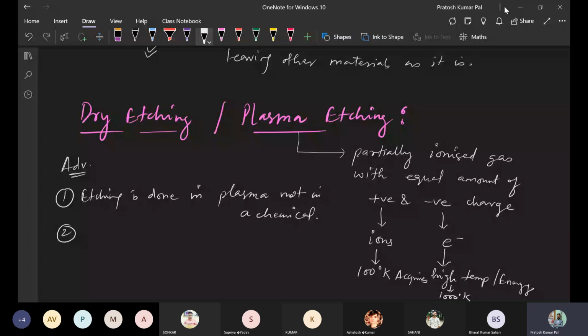These gases are safer than chemicals. Previously we were using chemicals, and these chemicals are acidic in nature, can have a corrosive nature, and handling of these chemicals is difficult. But in case of gases, it is safe and easy to handle. Okay, so there are some advantages of this dry etching.